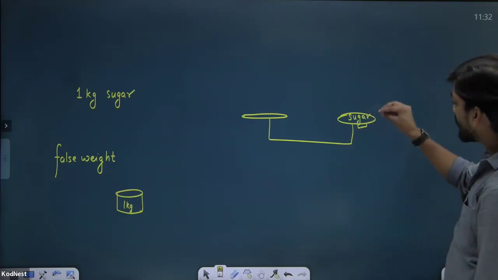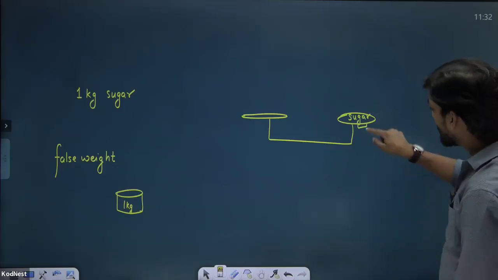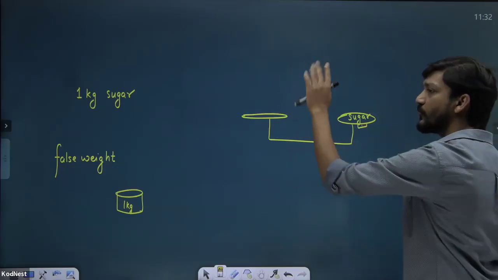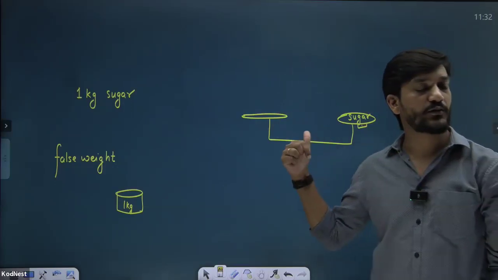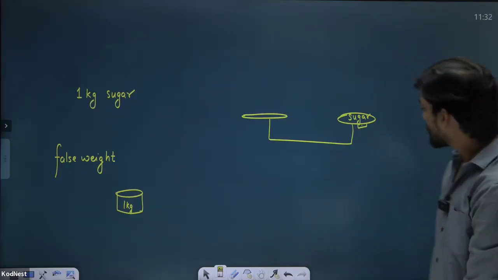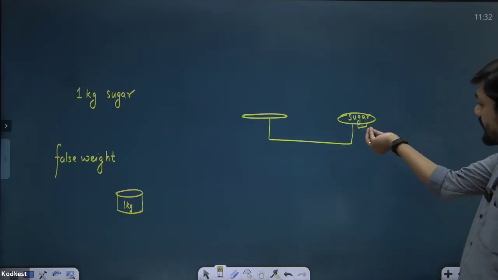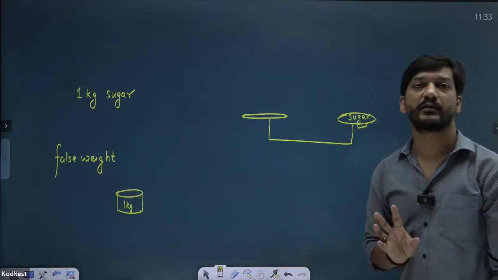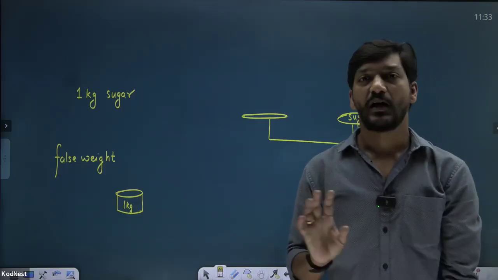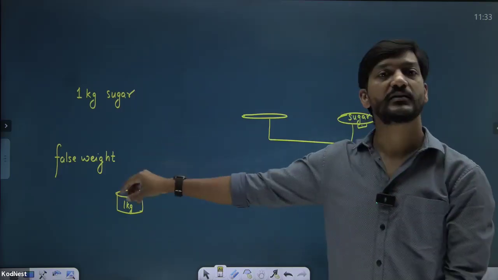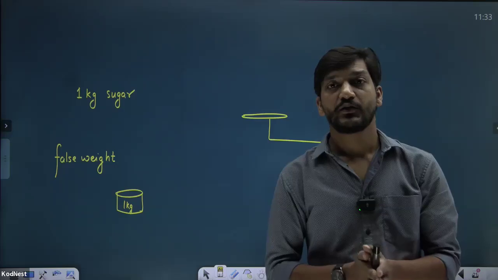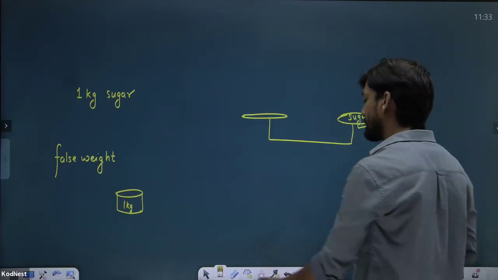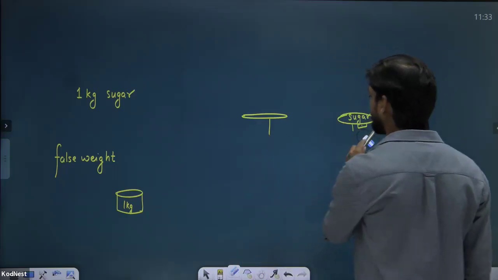So suppose sugar is 950 grams, this is 50 grams, so there it will show 1 kg. But actually sugar is only 950 grams. So some extra weight they will put there, which you will not be able to see. So that is also, I will not say false weight, but yes, it is kind of a cheating. So some cheating based questions will be there. And how they will say it?